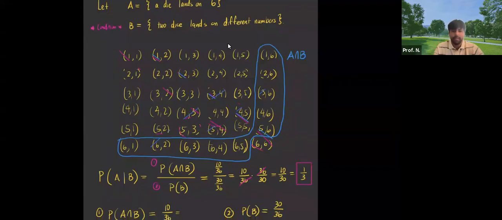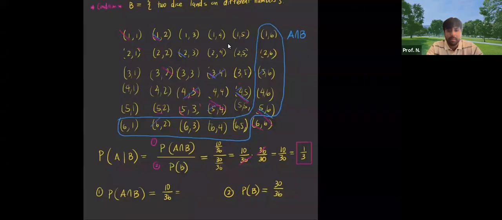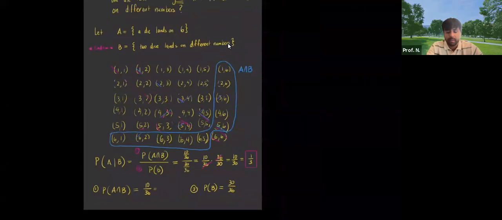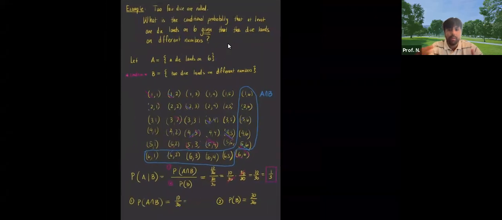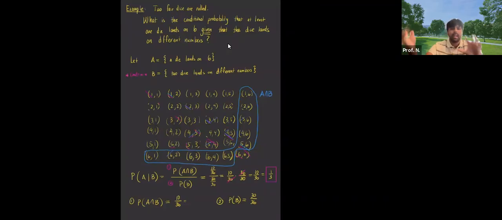So does everybody see how we just calculated the conditional probability of this? And again, what helps a lot is being able to write out all the possibilities and visualize, group them in the event in a way that defines the set that you're looking for.